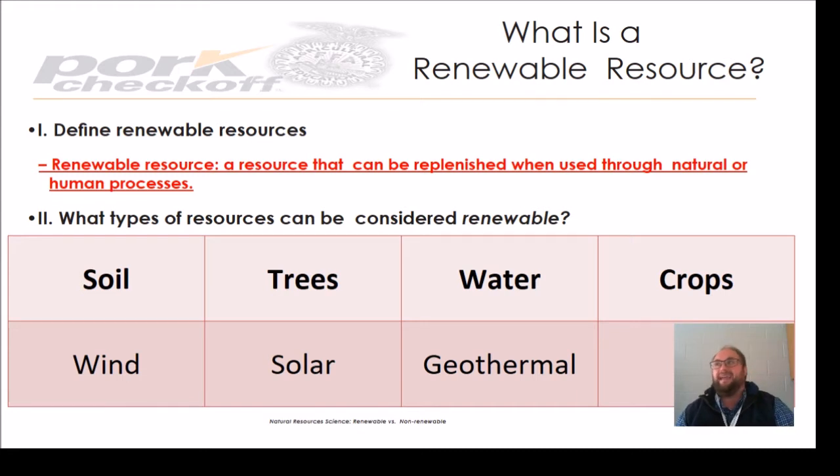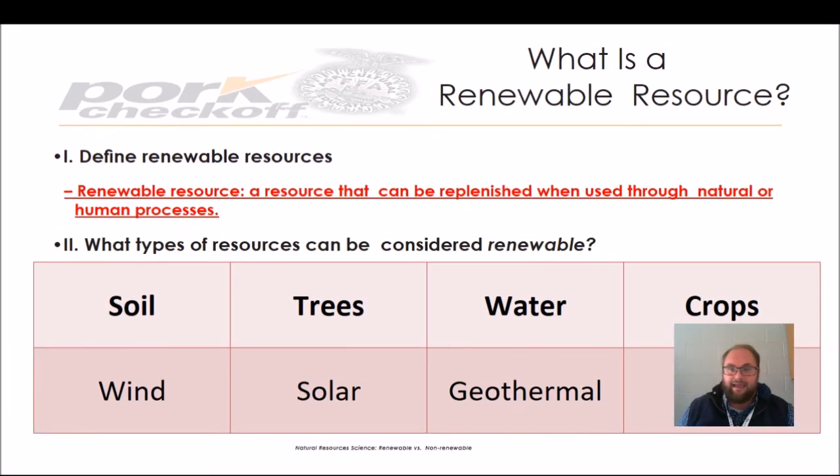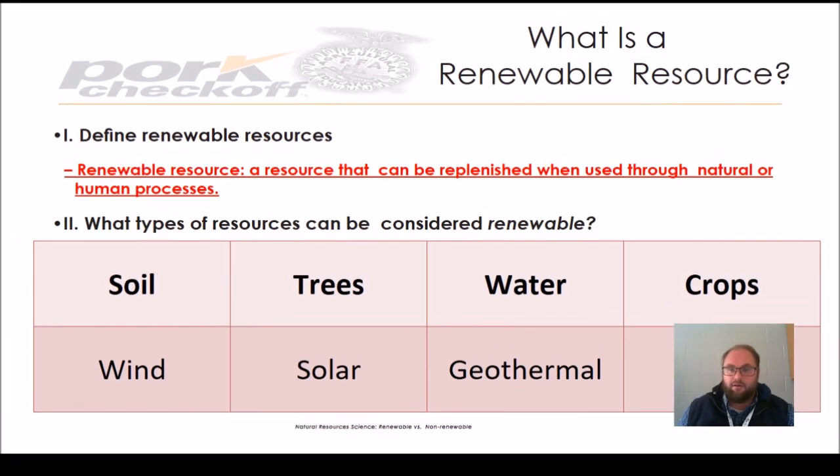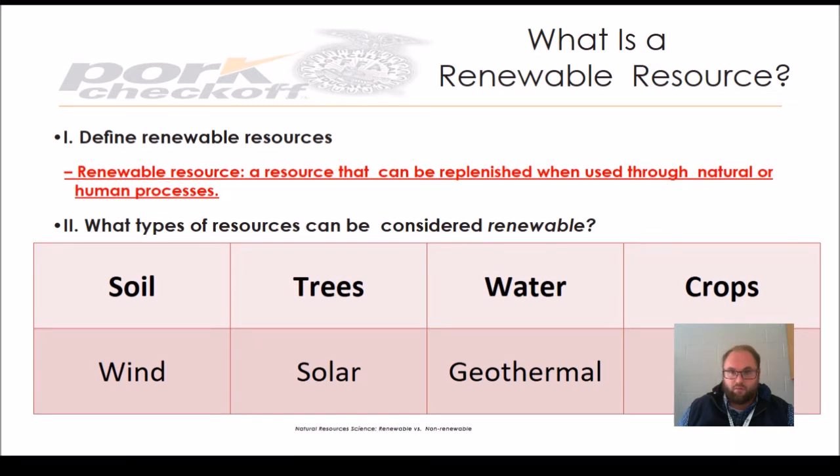Now, we can damage the resource and make it unusable, but through human intervention we could also make it a workable new resource. We could bring it back from where we damaged it.